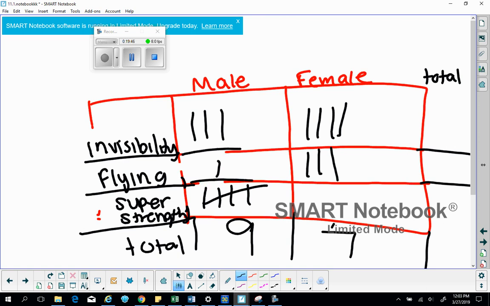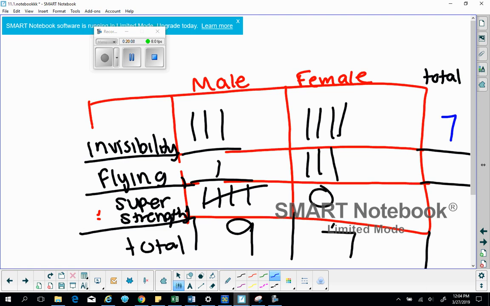We found it. Now do we have everybody? Because we have 7 females. Does everyone have that written down on your survey? How many people total want to be invisible? 7. 3 and 4, right?